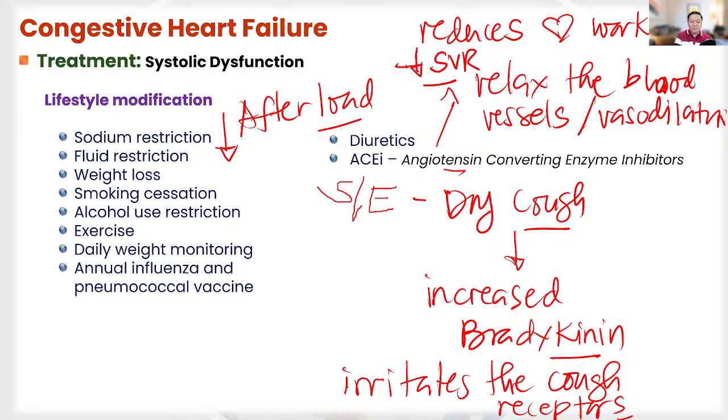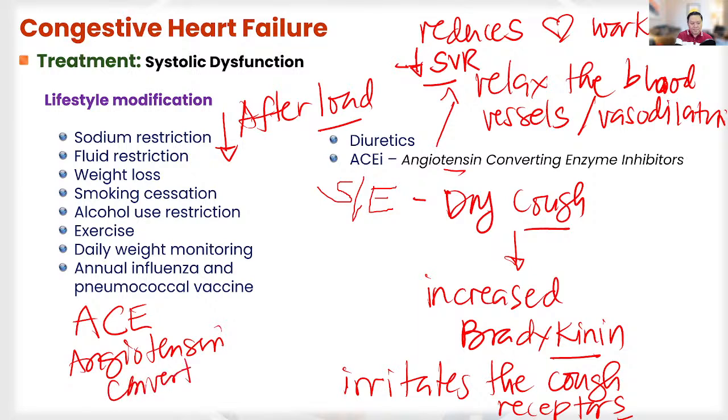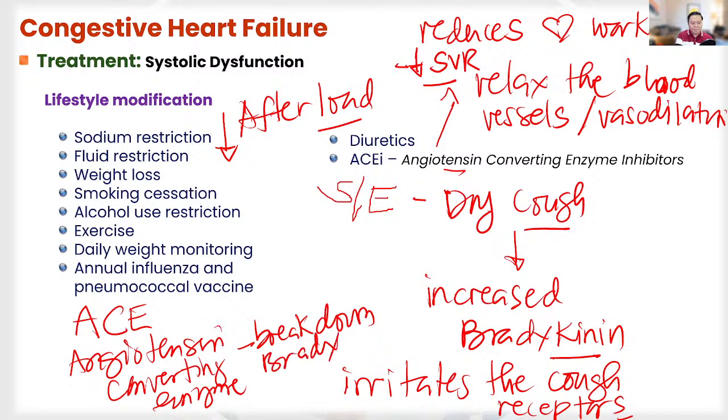That is because of the increased level of the bradykinin. Because, guys, supposedly in the normal function, the ACE, the angiotensin converting enzyme, is supposed to break down the bradykinin. Okay, that is the effect of the angiotensin converting enzyme, the ACE.